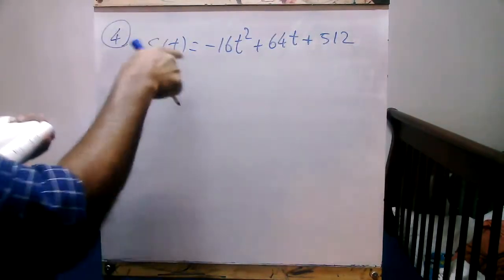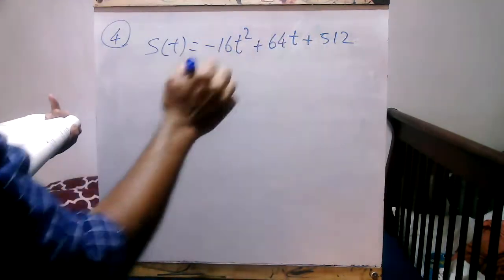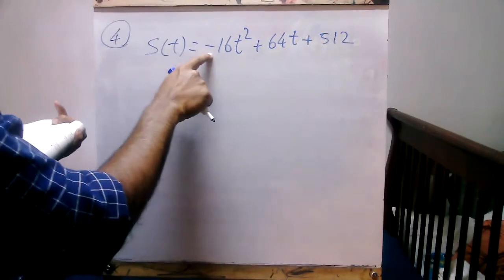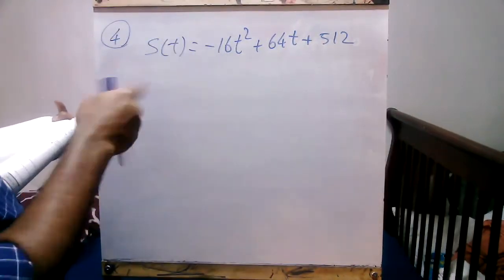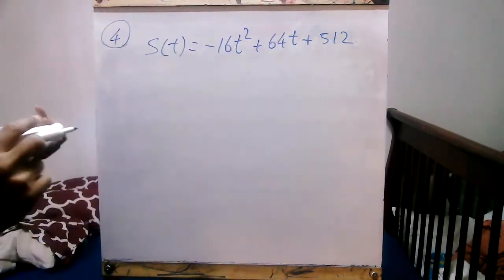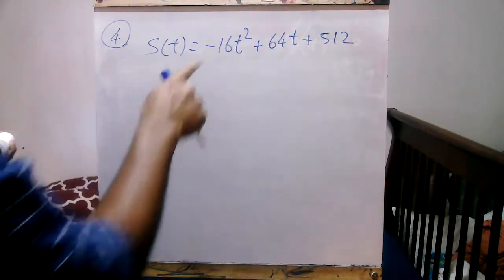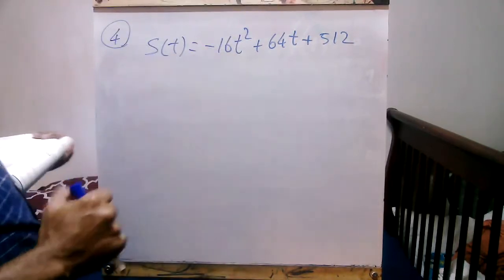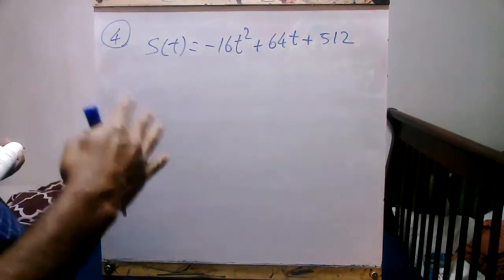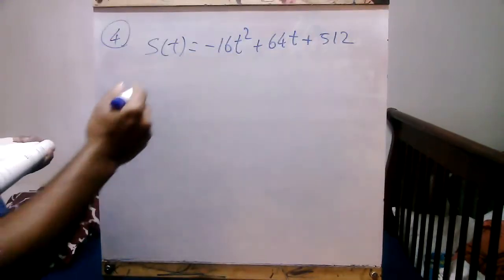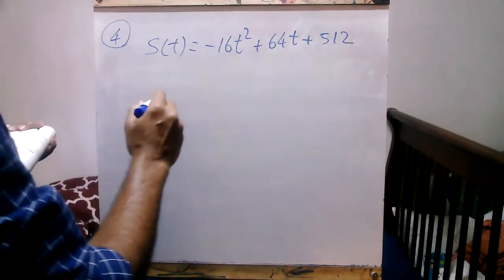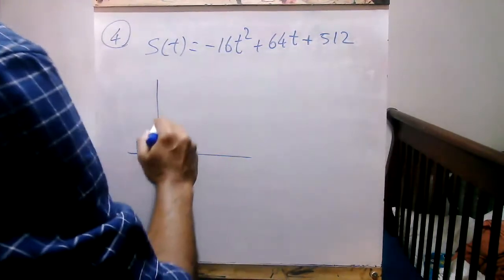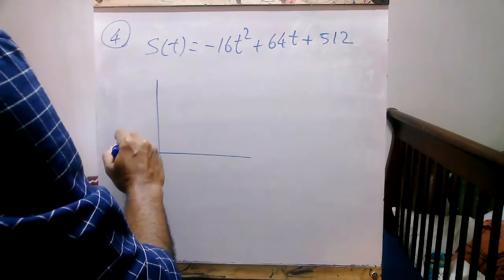It's just a parabola, a quadratic equation. Therefore it's a parabola with a negative coefficient, opening downwards. The only thing we have to be careful about is that we do this only for t greater than 0, which means we start from time equal to 0. When you do the graph, it should be like this.